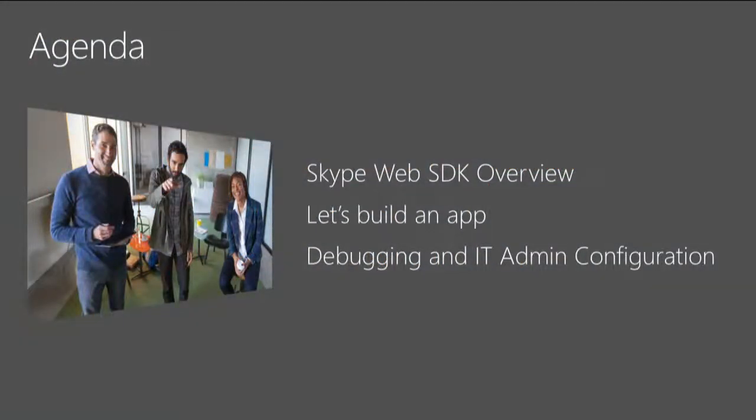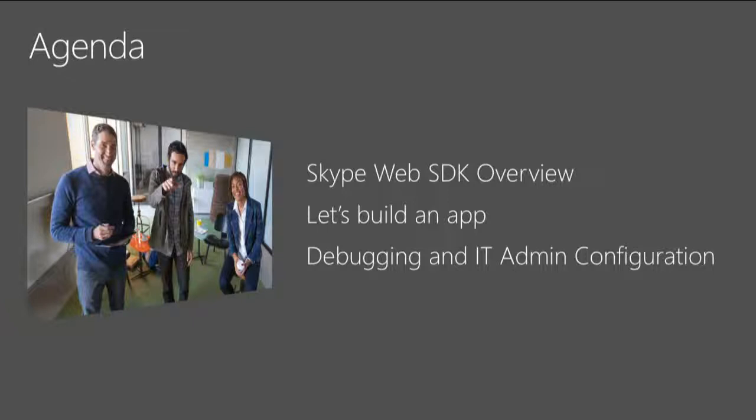Give a quick overview. We are really going to be focused on the technical details here in this session. So we're going to start off with a quick look at a couple scenarios just to get you thinking through what you might be able to enable in your own applications using this SDK. Then we'll dive right into the technical details, and then we'll move on into actually coding a sample.